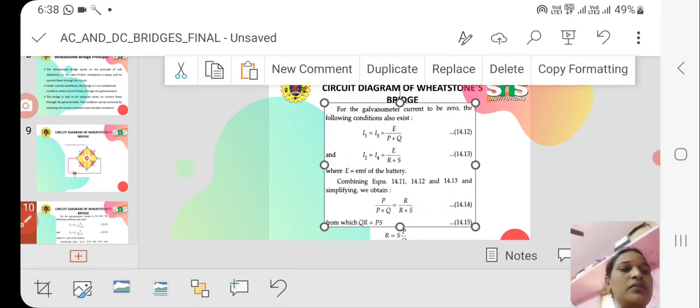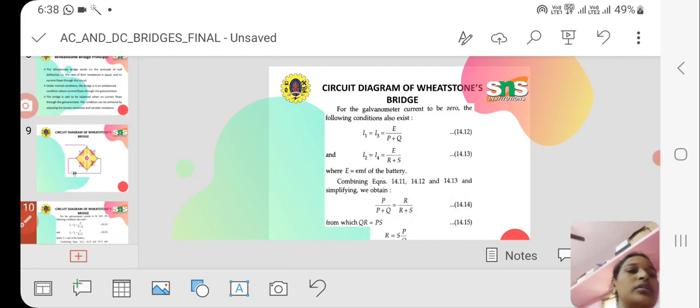So this is the formula for finding the unknown resistance. For the galvanometer current to be zero, the following conditions exist. I1 is equal to I3 is equal to E by (P plus Q), because during balanced condition there will be zero current flowing through the galvanometer, hence I1 will be equal to I2.